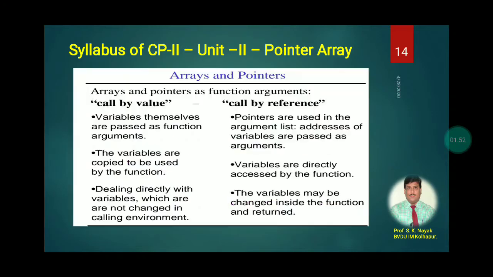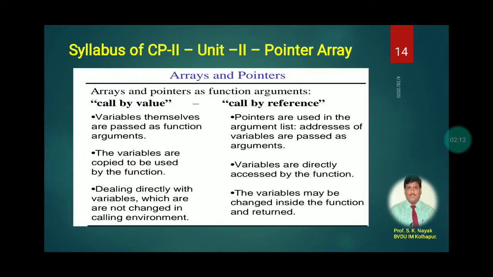Next slide, we will have a brief discussion about passing arguments to a function. At that time we can use call by value and call by reference. Why am I giving this discussion at this point? You should know that when we are using pointers, it's a reference type.